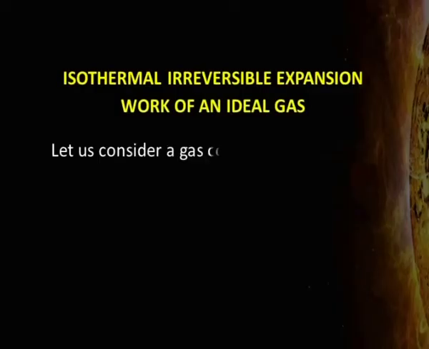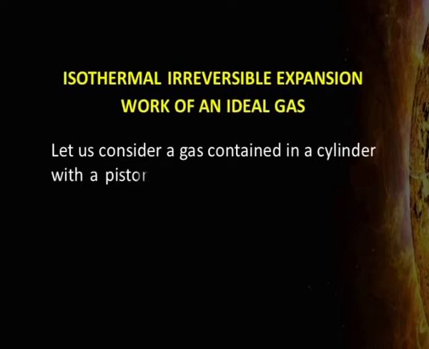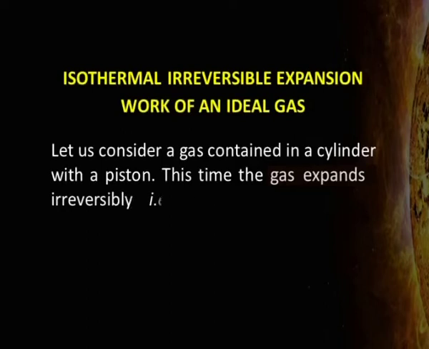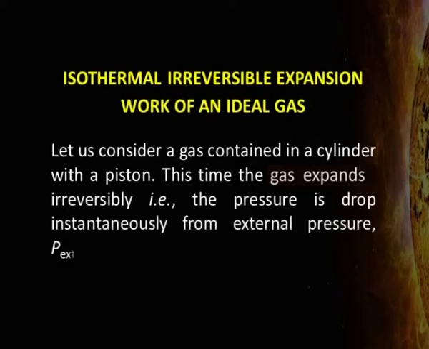Now we will derive an expression for the work done for isothermal irreversible expansion of ideal gas. Let us consider a gas contained in a cylinder with a piston. This time the gas expands irreversibly, that is, the pressure is dropped instantaneously from external pressure to the final pressure P2. The work done is now against the final pressure P2.